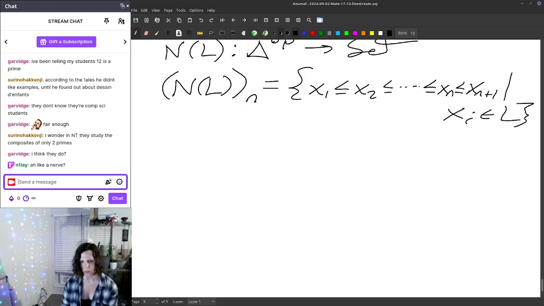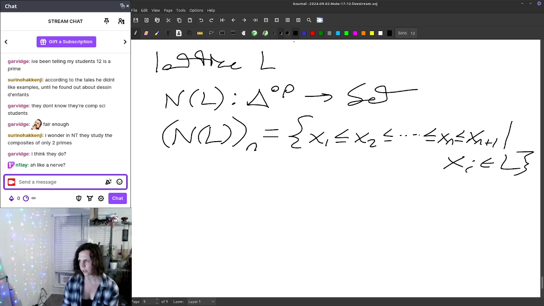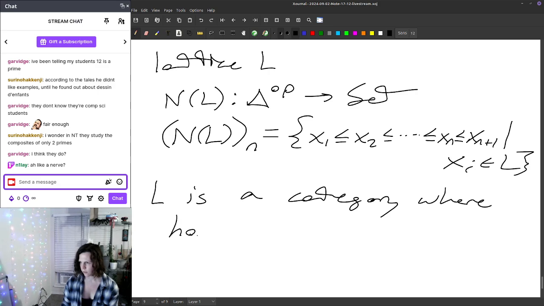But okay, if you are so inclined, the lattice L is actually a category, right? So any lattice is a category where, what is the Hom set between two elements of the lattice? Those x and y are elements in the lattice. They're objects in the corresponding category now.